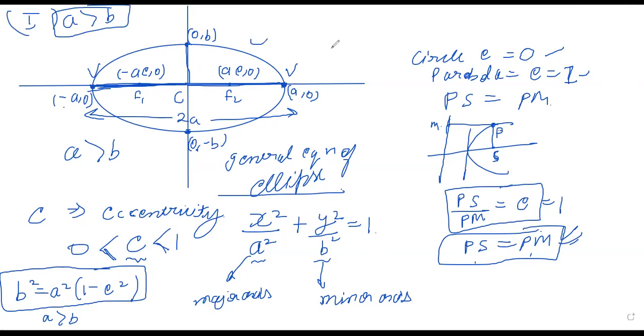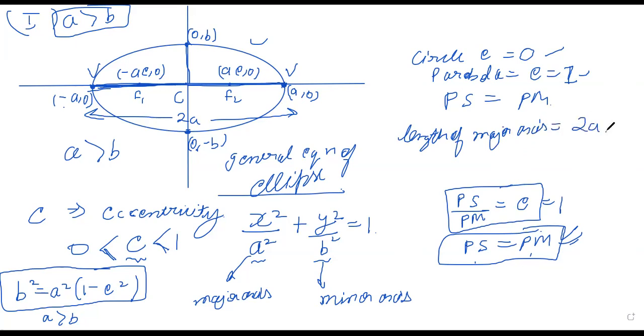So in this case, the length of major axis is 2a, and the length of minor axis will be 2b. Understood.